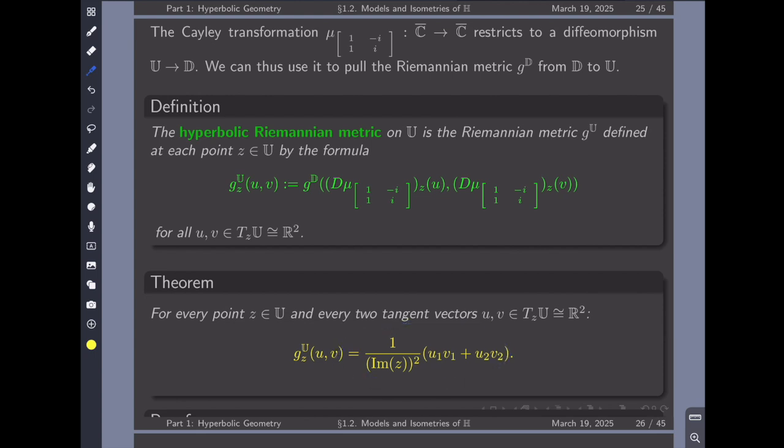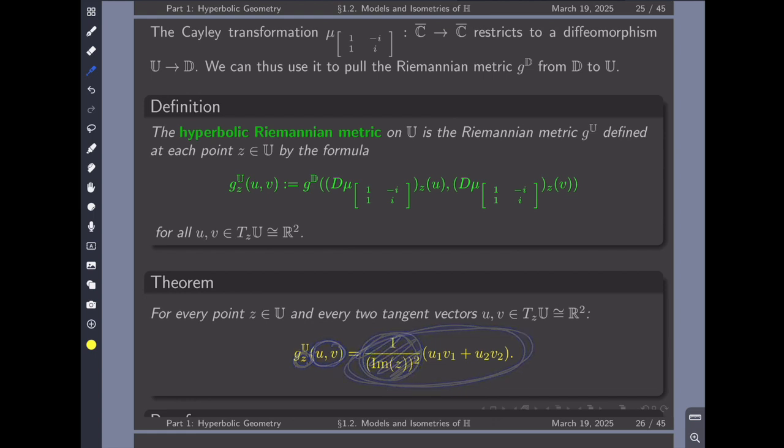And the point here again is that for every point Z in U, if I identify its tangent plane with R2 in the standard way, then in terms of those standard coordinates, the inner product of two vectors anchored at the point Z is given by this formula, which tells you it is a rescaling of the usual dot product.